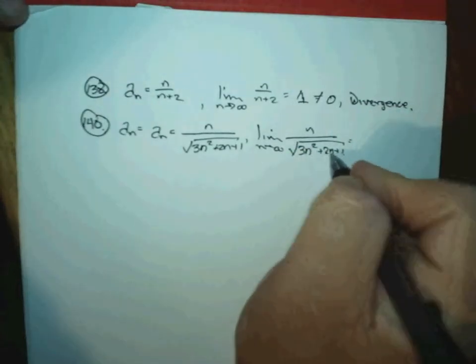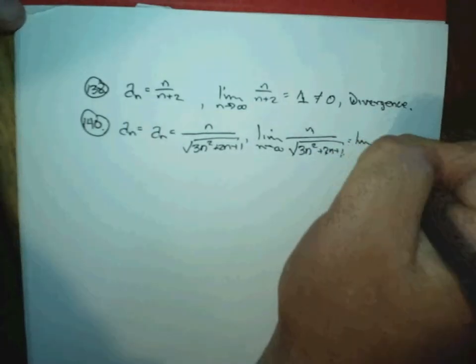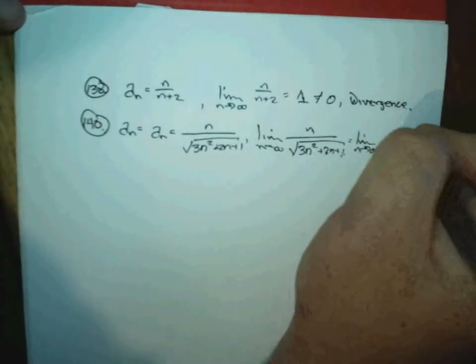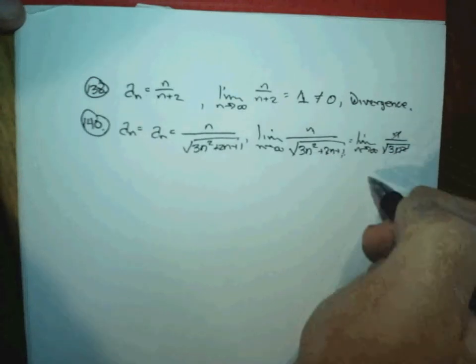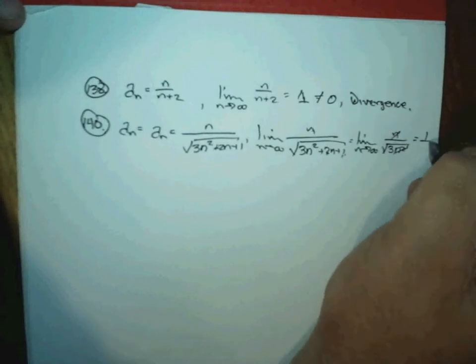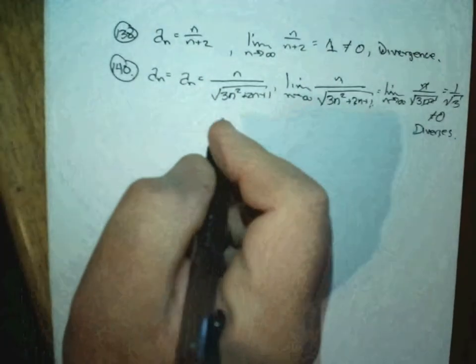And to take the limit of this, you throw away the lower ordered terms in the bottom. This looks like n over the square root of 3n squared. Well, the square root of n squared and n cancels, so you're taking the limit of 1 over the square root of 3. That's not 0, so it diverges.